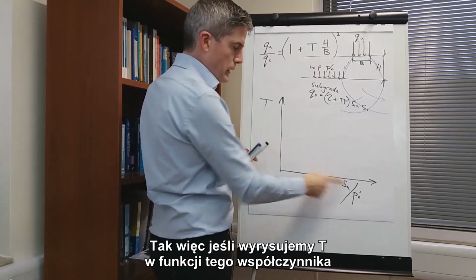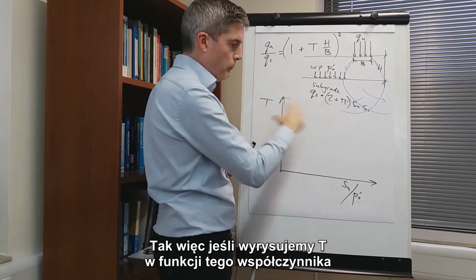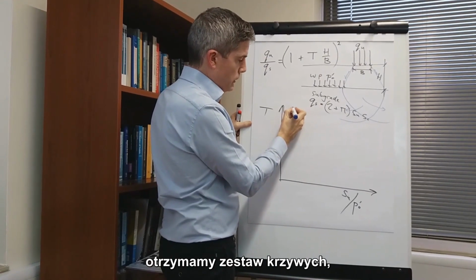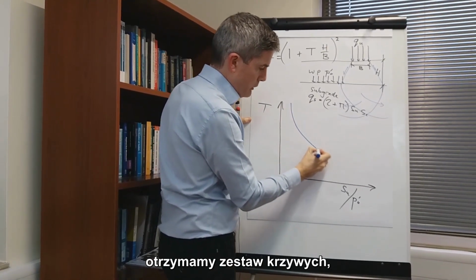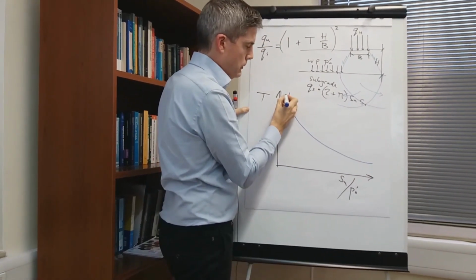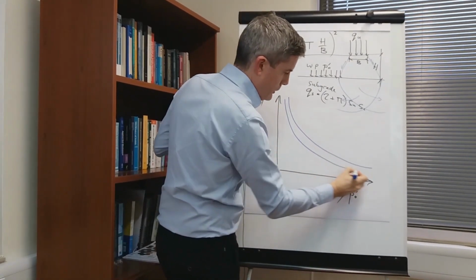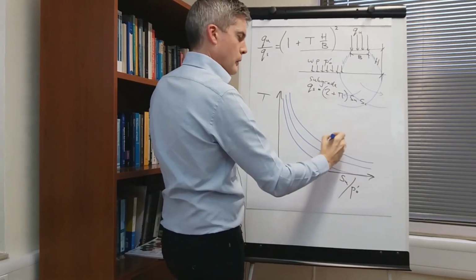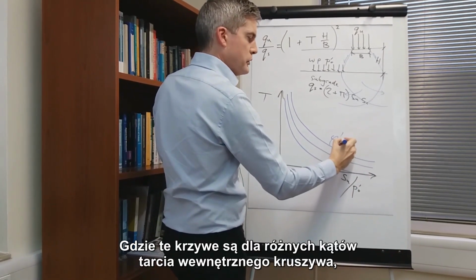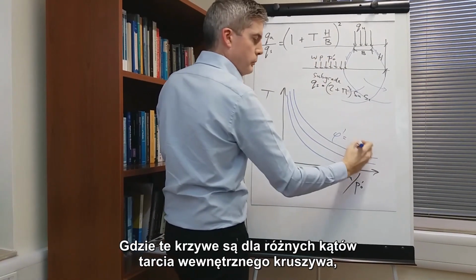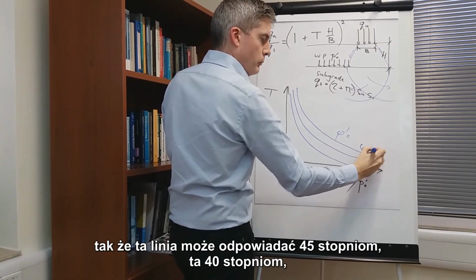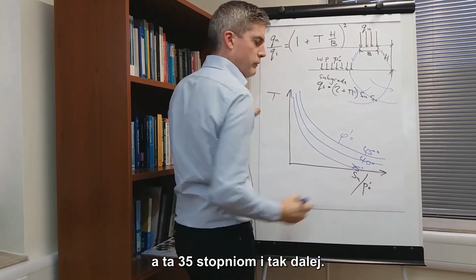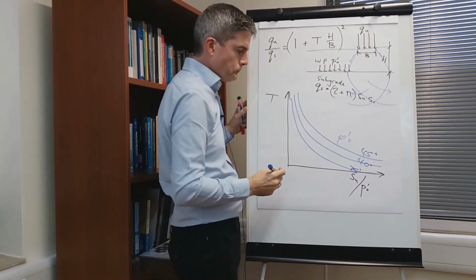If we plot T against that and do a parametric study in numerical analysis, we get a series of lines like that, where those lines are the friction angles of the granular material. So that one maybe 45 degrees, that one 40 degrees, that one 35 degrees, and so on.